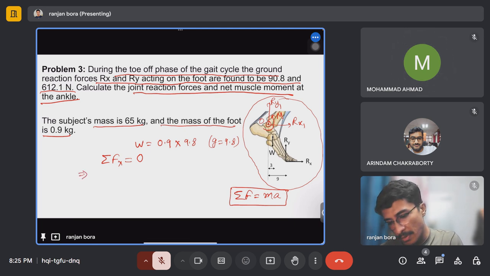So summation Fx equals 0: Rx1 plus Rx equals 0. From here Rx1 will be minus Rx, which will be minus 90.8.